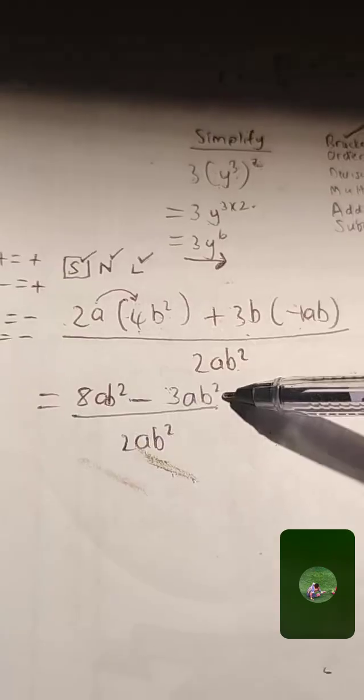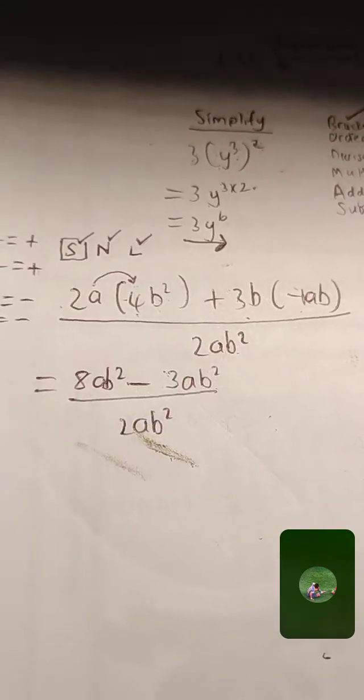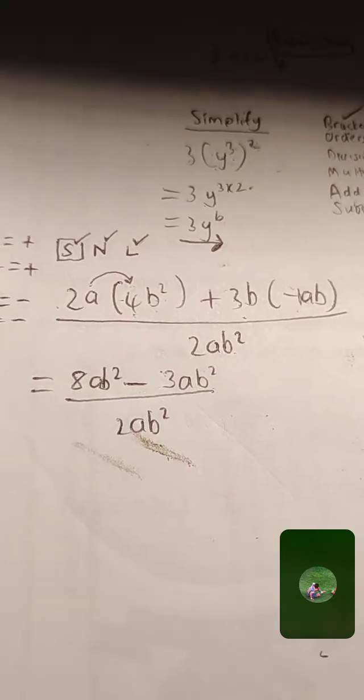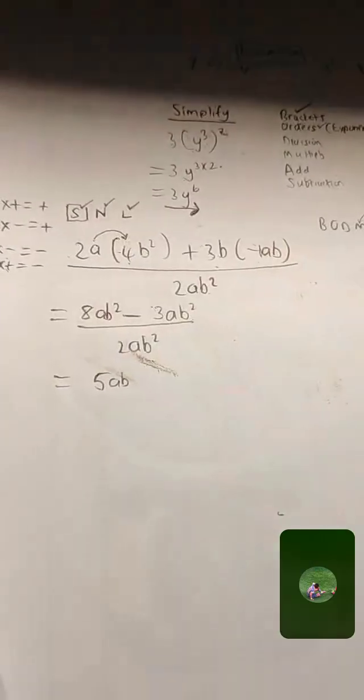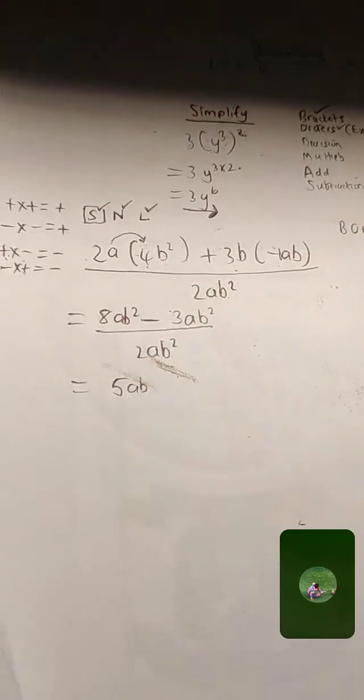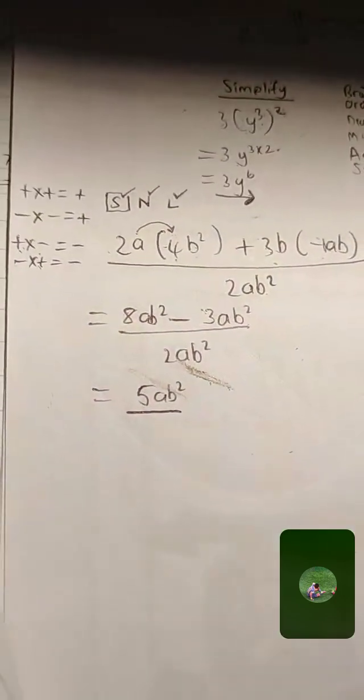Addition and subtraction. Can we subtract 8ab squared minus 3ab squared? It's 5ab squared. Very good, Tabelo.